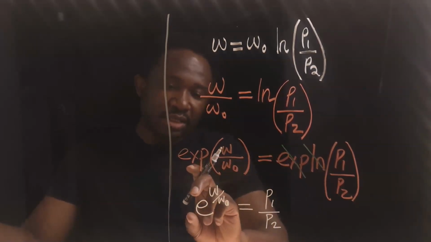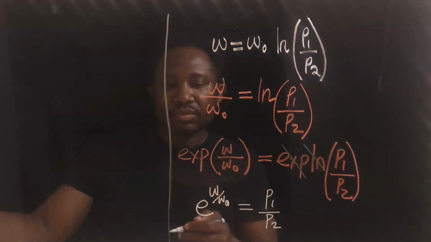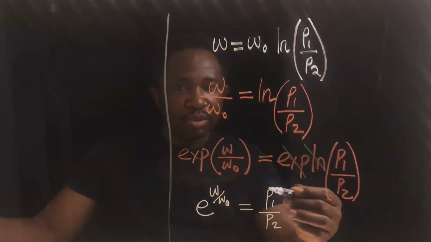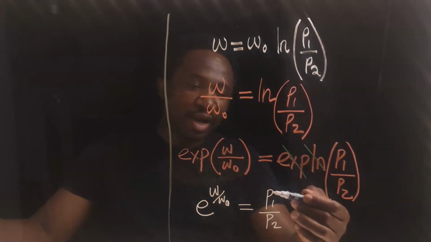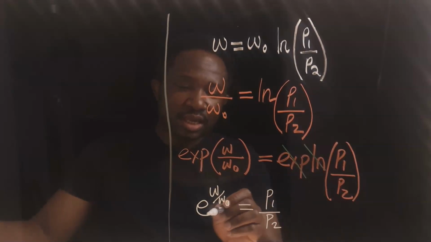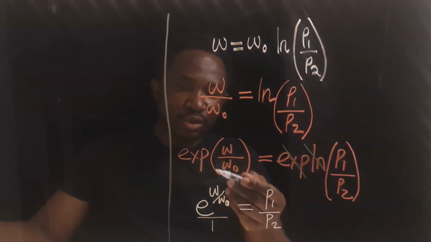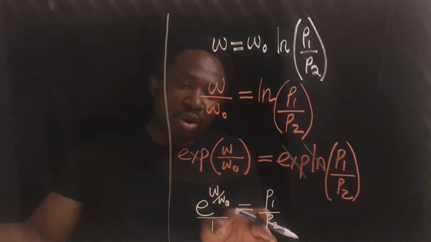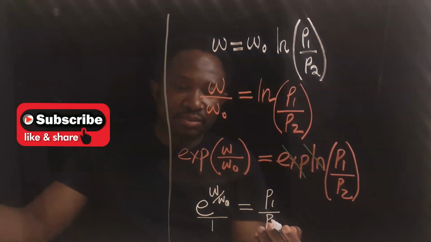On the other side, it's going to multiply everything here. Alternatively, you can take P2 up and P1 down, and because you inverse this, is like over 1 will move up, and exponential w divide w naught will come down. This is another alternative, or you can cross multiply. Both will give you the same answer.